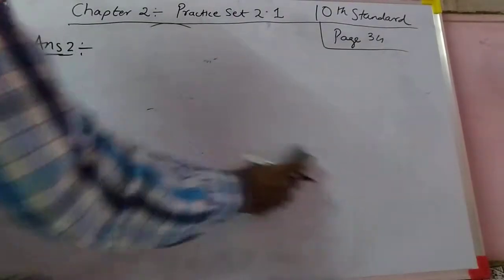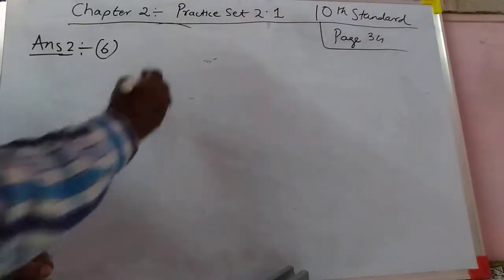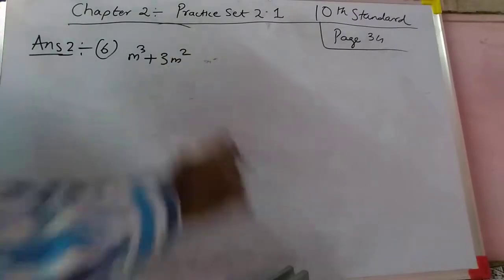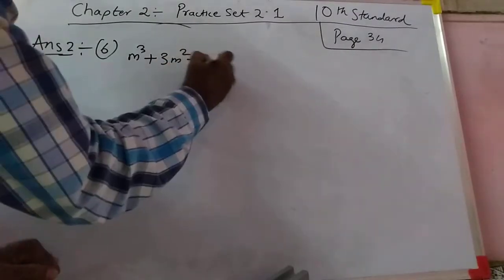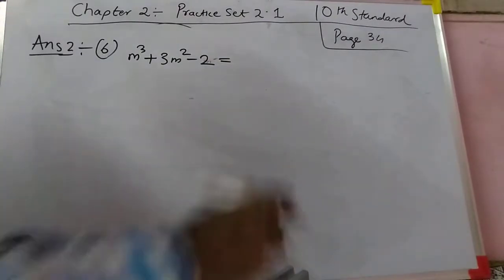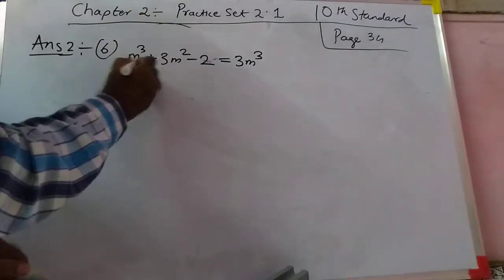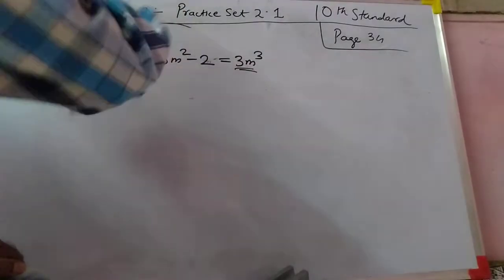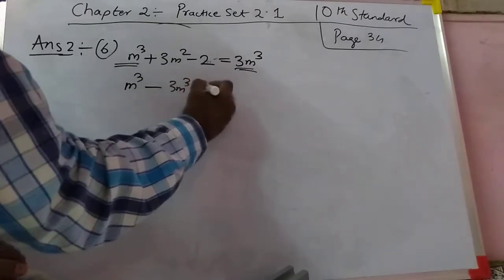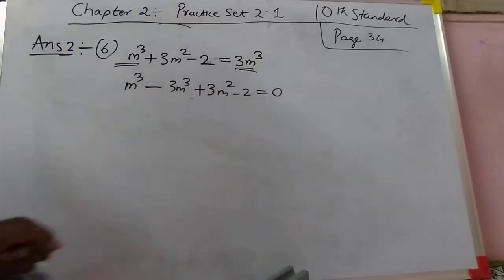Now sixth problem, m cube plus 3m square minus 2 is equal to 3m cube. Now this is m cube, take it this side, m cube minus 3m cube plus 3m square minus 2 is equal to 0.